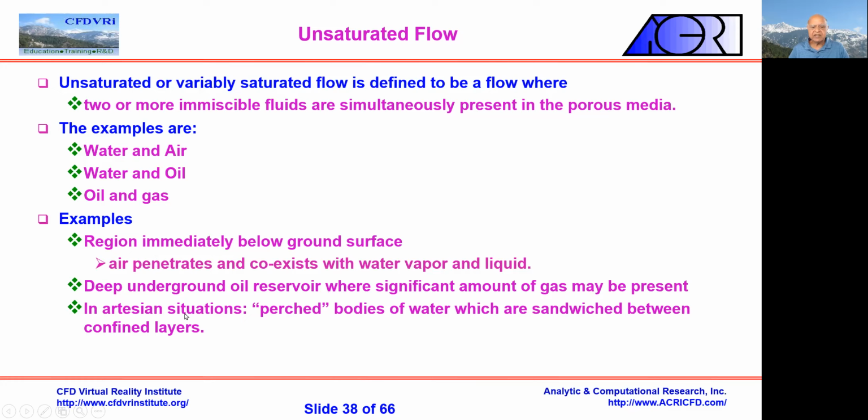Then there is something called an artesian situation. You can go down in the ground, find there's no water, and then you may find there's water. Why did this happen? Over the years, there may have been bodies of soil that got buried and formed layers.